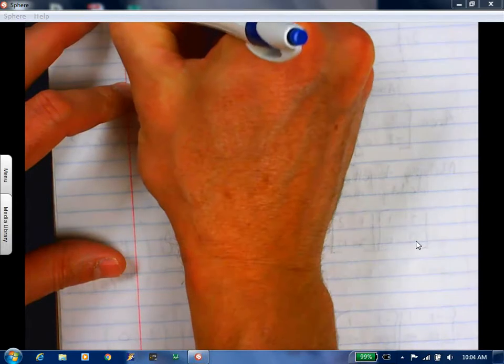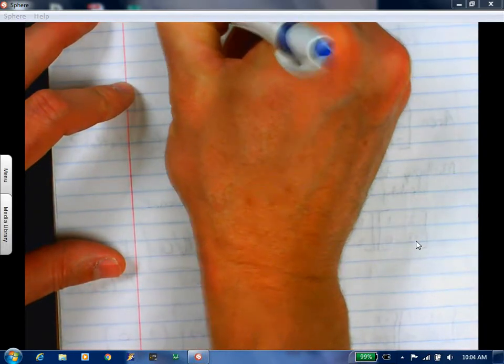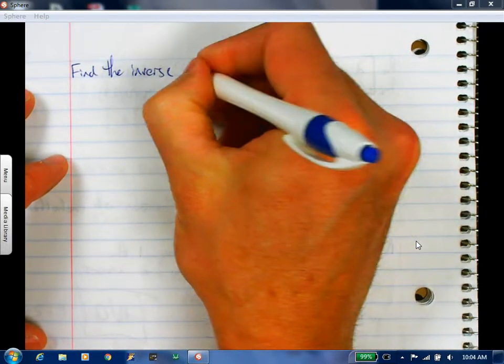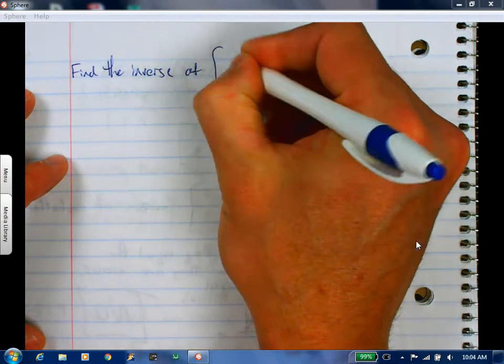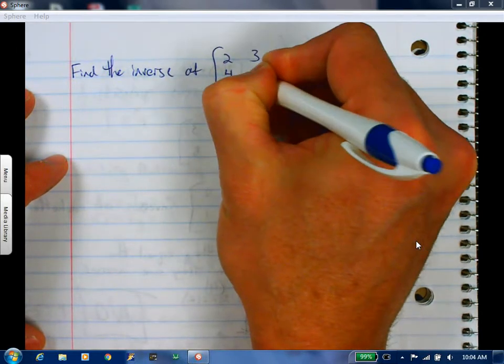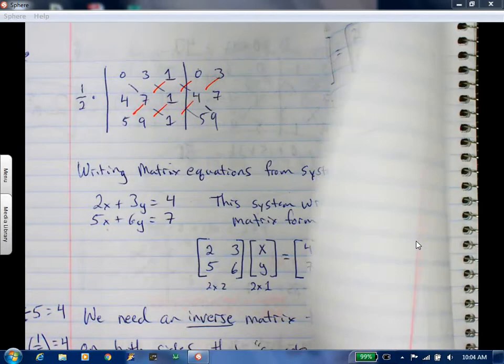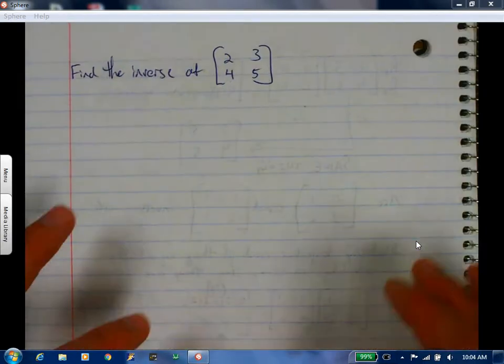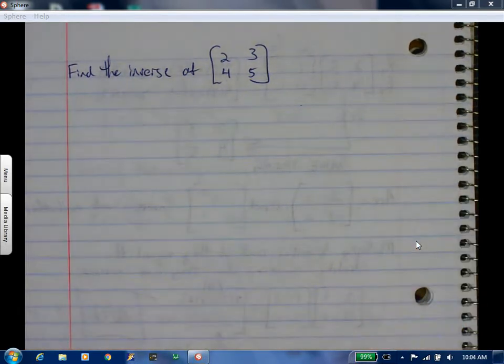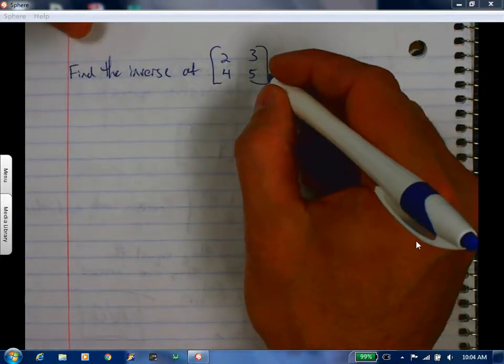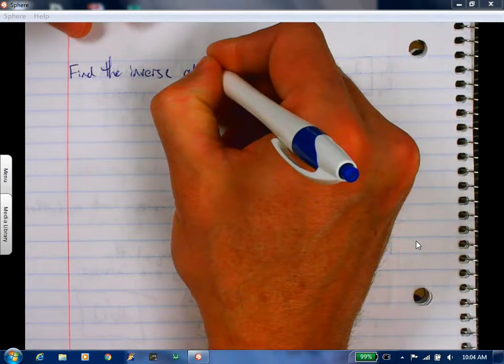Shoot, I should have left that on the top of the page. So let's find the inverse of that first coefficient matrix we had, 2, 3, 4, 5. So if this is A, let's say A equals 2, 3, 4, 5.